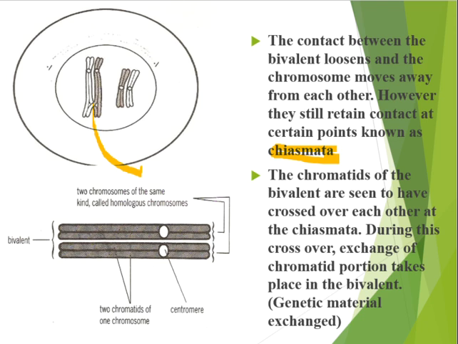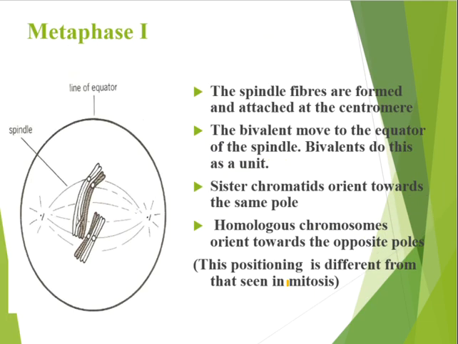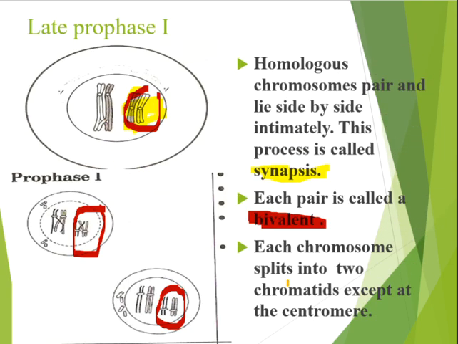During this crossover, there is exchange of genetic material. Let me take you back. We have a point of contact here, that is a chiasma. At this point, the genes can be exchanged in what we call crossing over.